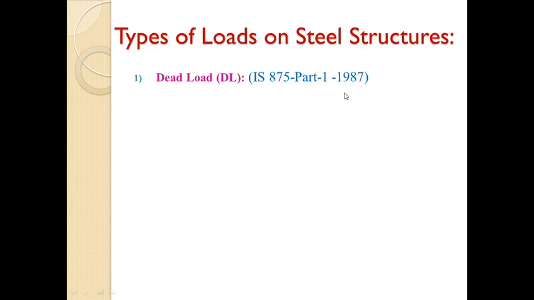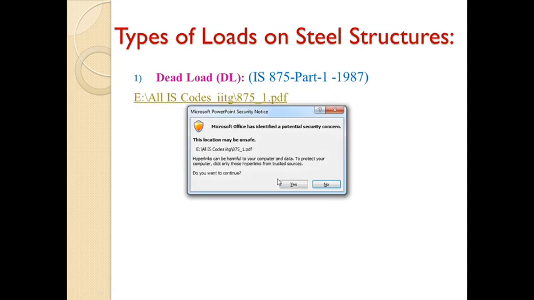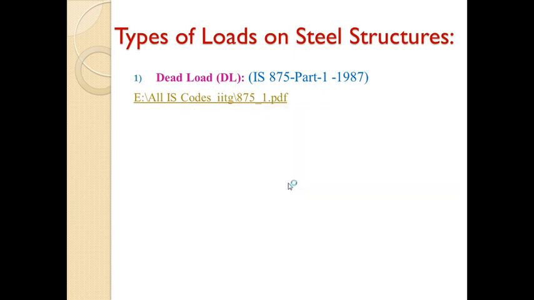All structures are designed for the worst combination of dead load and live load, or superimposed load. Wind load and seismic load are also considered in design wherever applicable. So first is this dead load, where we refer to IS 875 part 1 1987. So what is this IS code? Let us see.